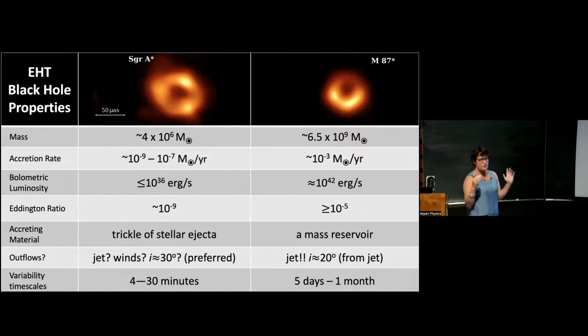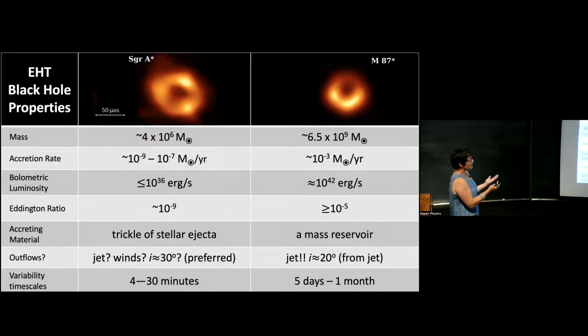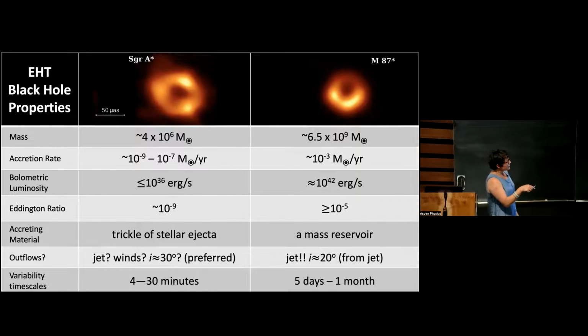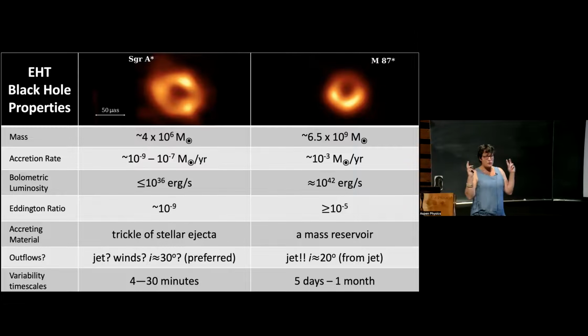In fact, these are the only two supermassive black holes that we, the Event Horizon Telescope collaboration, are able to image the black hole event horizon, that dark patch in the middle, for. All the other supermassive black holes that we know of either have bright emission around the outside that is too faint, or are too far away for us to make an image of them. So these are our two sweet spot targets for making these images.